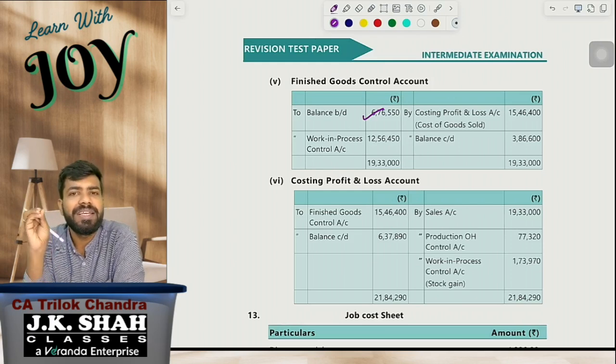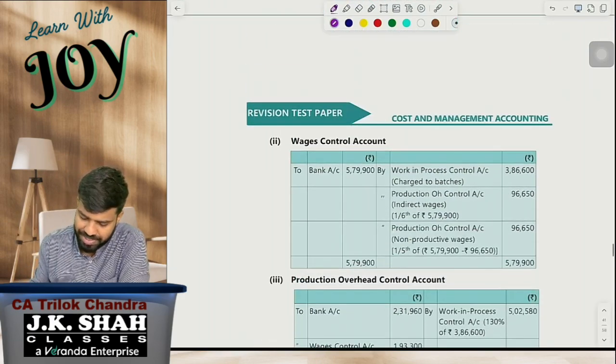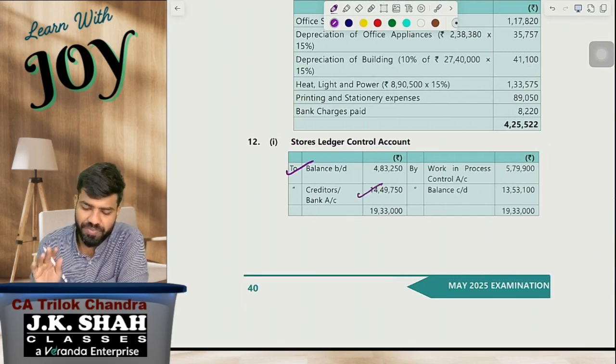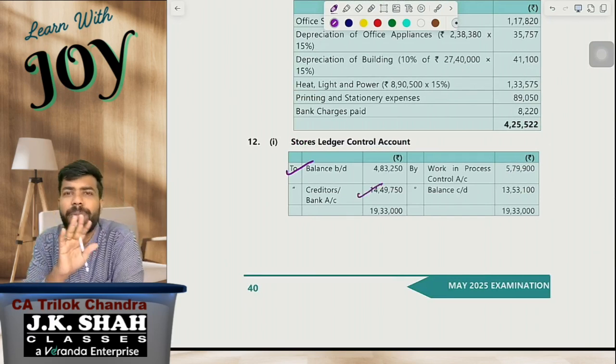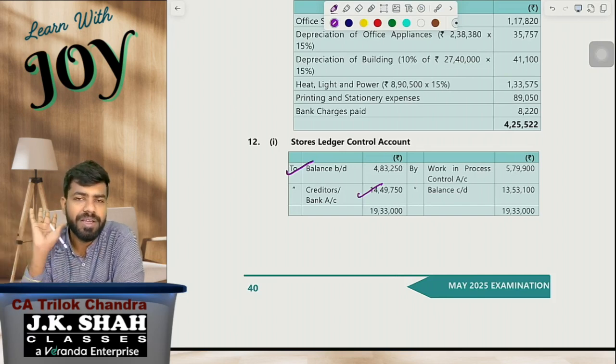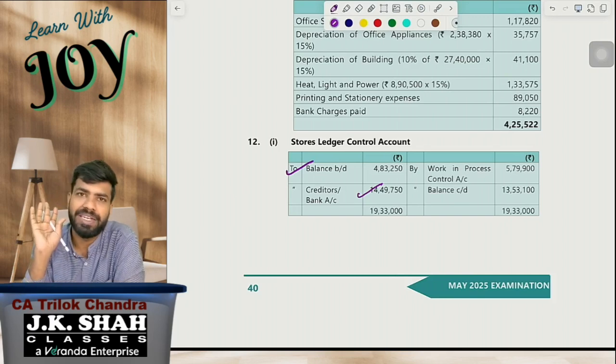So SLC account debit to creditors or bank, 14,49,750. We need not prepare the creditors account or bank account. So there is no corresponding adjustment for this entry.